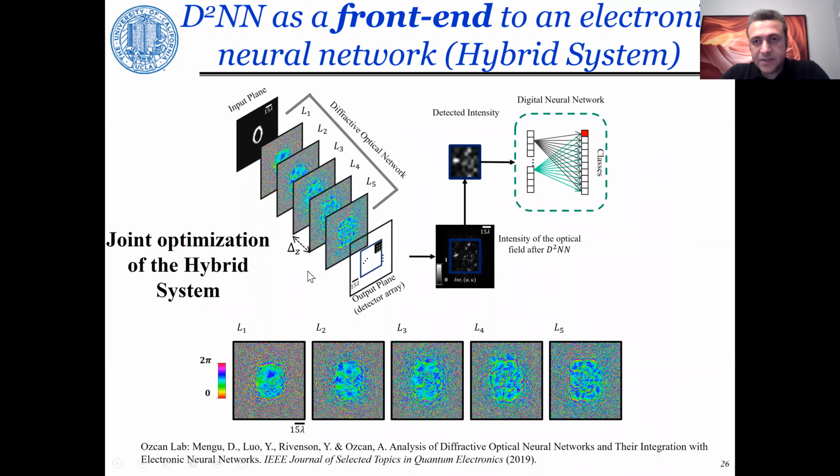In this case, there's still a certain classification loss function, and both the electronic neural net and the diffractive layers, individual pixels, are being optimized through error backpropagation as a joint system to work for the task at hand. So this means the diffractive network knows right now that it's delivering information to a digital network that is specifically trained to handle that information for the classification task.